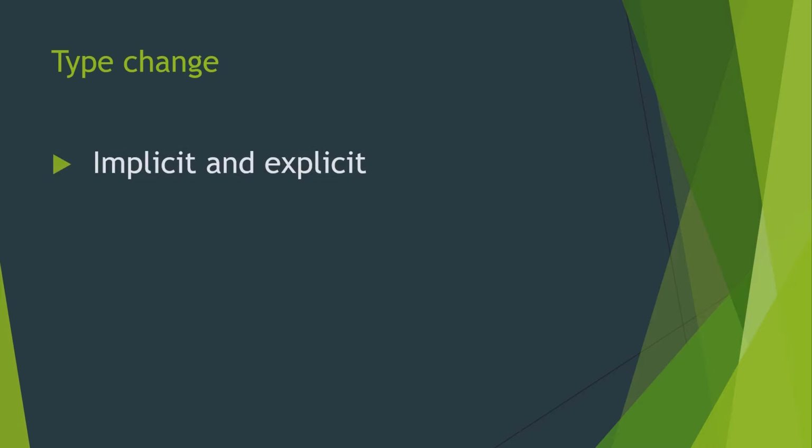Well, type change then, or type conversion. There are two types of type conversions, and it's implicit and explicit. An implicit type change is when you have an integer a that's equal to 45, and you make a double b, a double with the name b, that's equal to 28.63, for example.